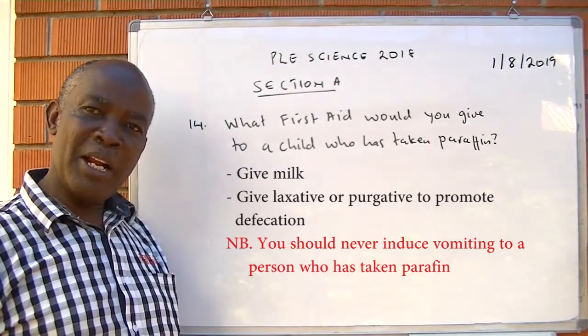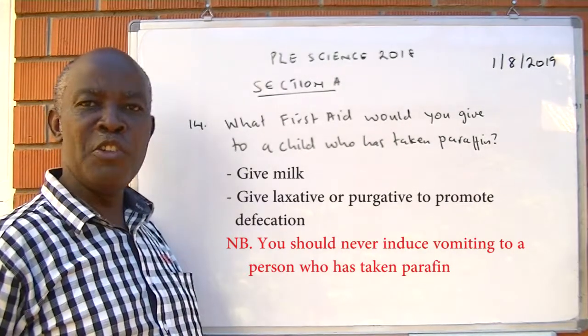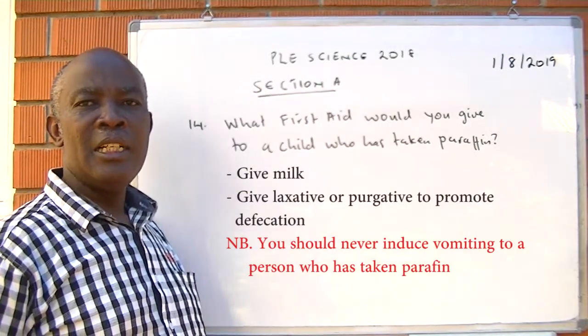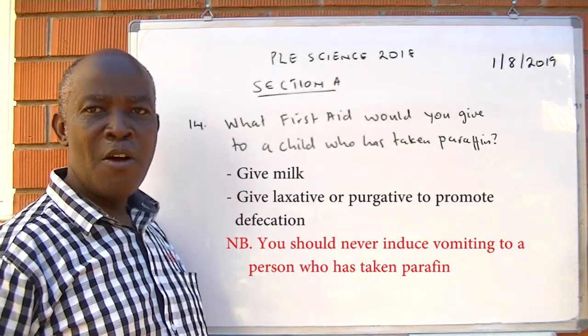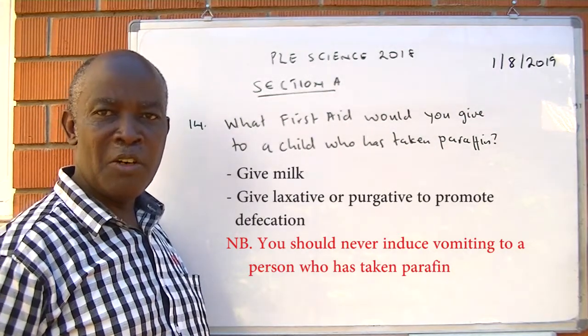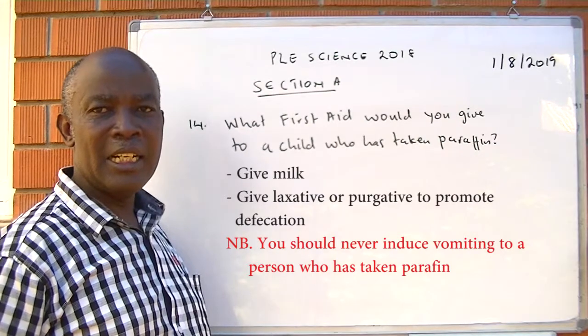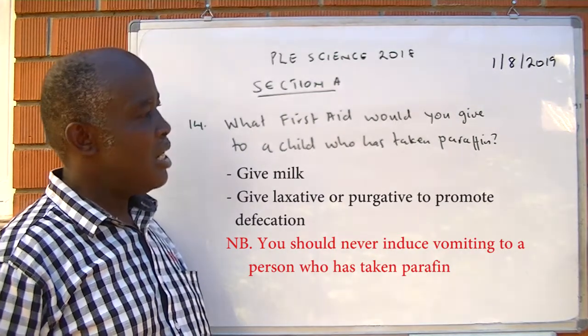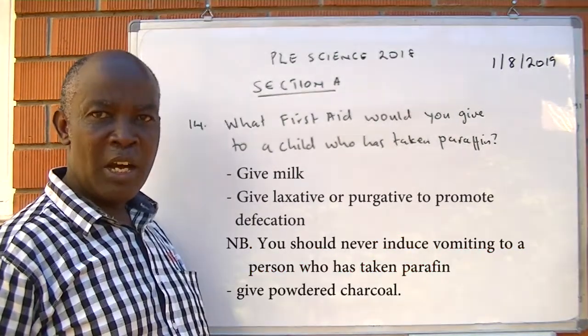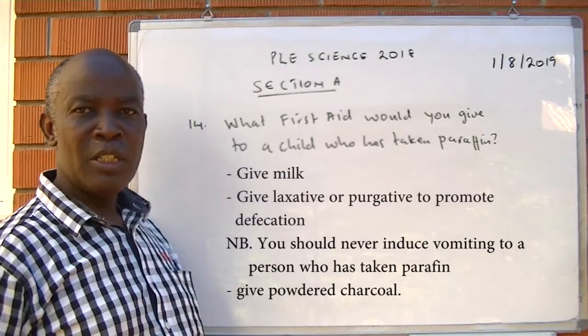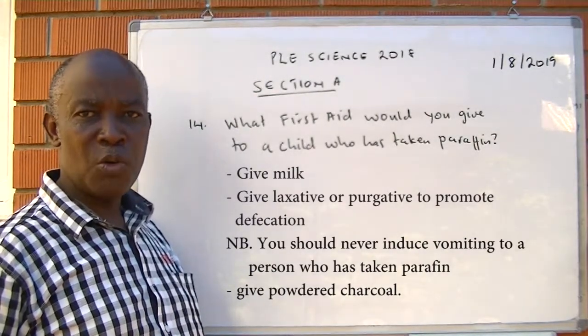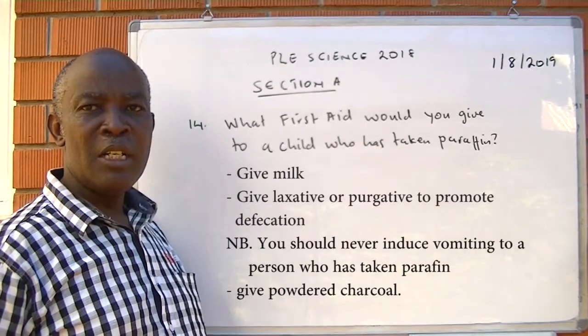When somebody takes paraffin, you should never induce vomiting, since this may lead to entry of paraffin into the lungs, leading to the death of the victim. You can also give a lot of black charcoal to adsorb the paraffin.